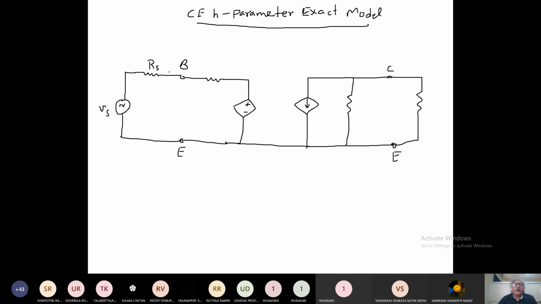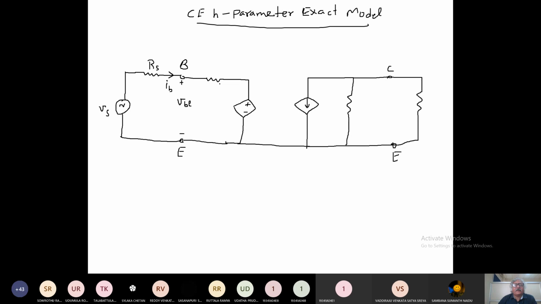Here this current is IB, and this voltage is VBE.